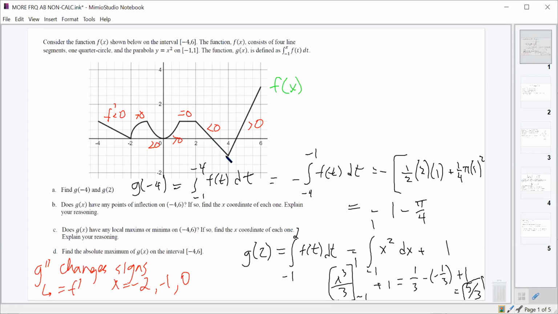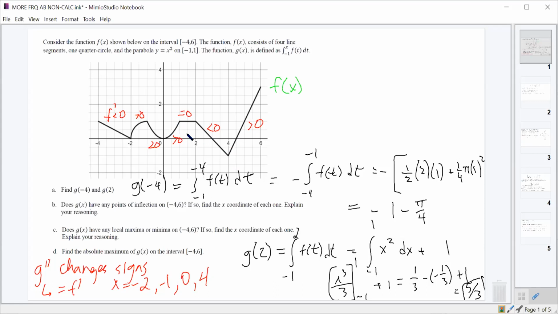Okay? And then it switched from negative to positive at 4. So it has 4 points of inflection: -2, -1, 0, and 4. It has to go from positive to negative. It did not do that at +1 or at 2 because it just had a slope of 0. Everybody good with that?